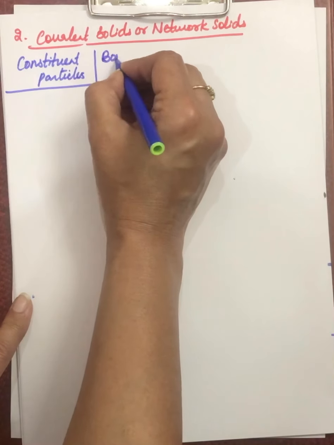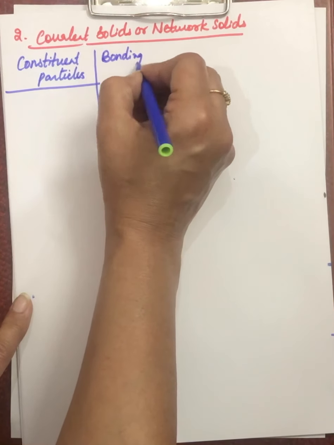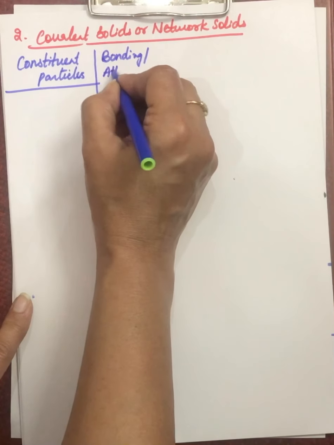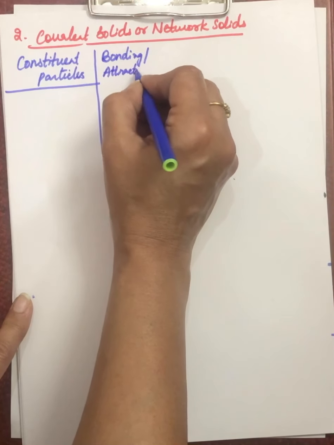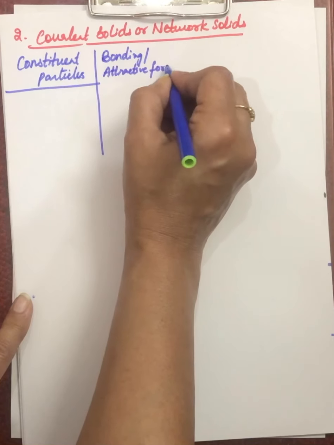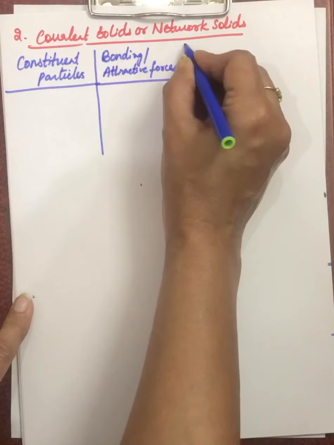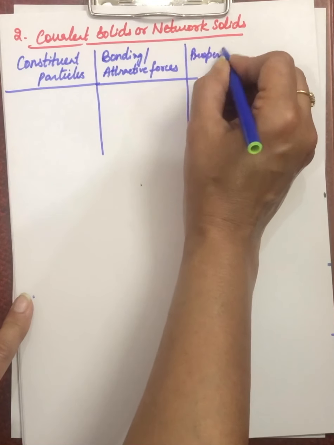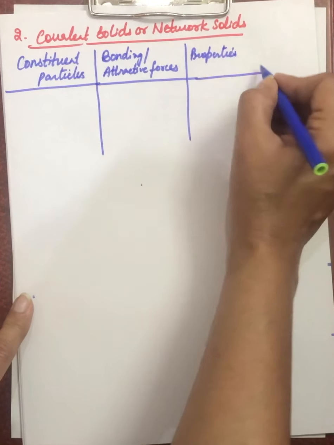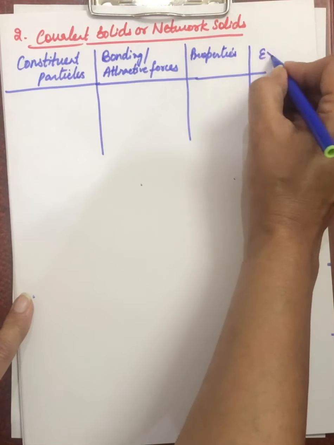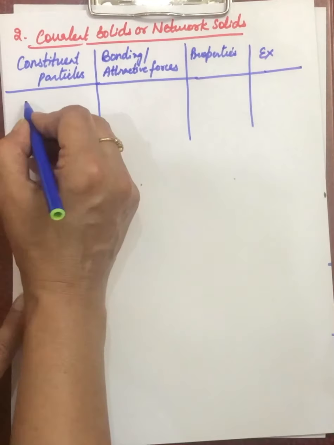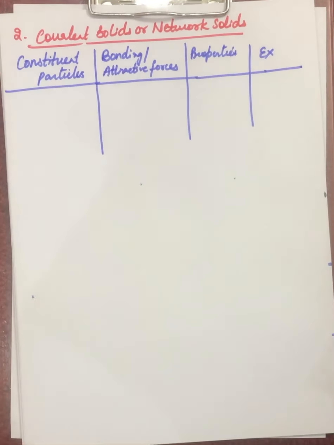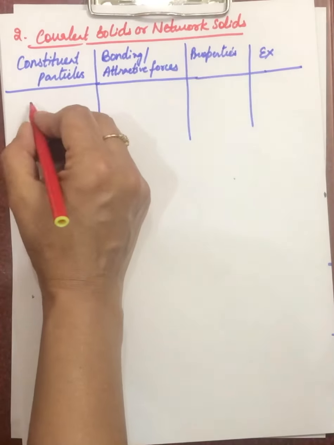Then which kind of bonding or attractive forces are in covalent solids? Next, properties. And last we have examples of covalent solids.